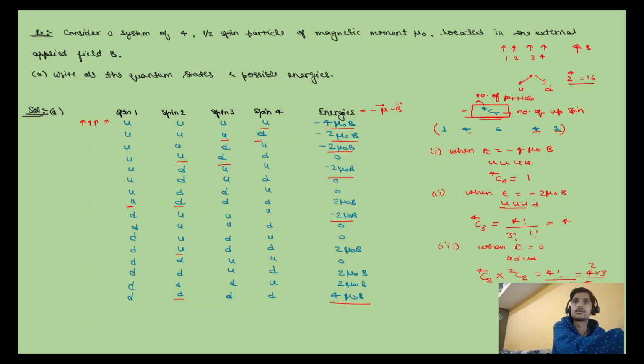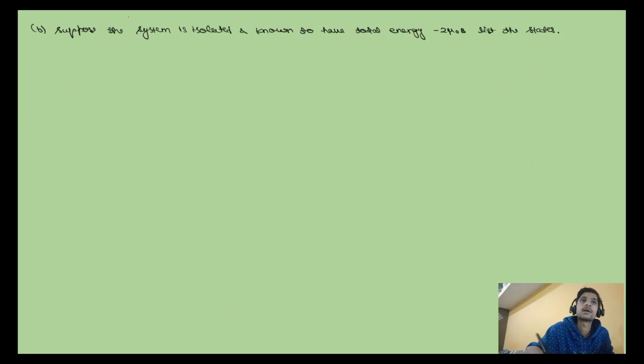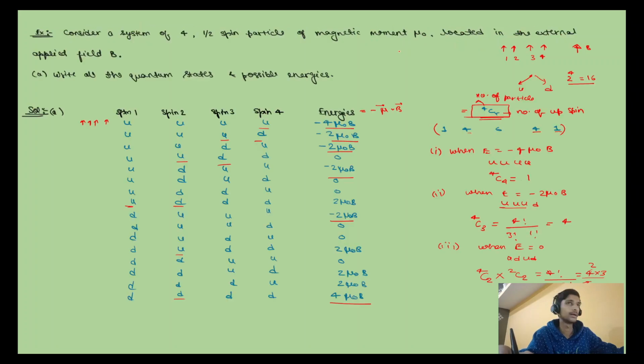There is a second part to this question which says that suppose the system is isolated and known to have a total energy of minus 2 mu naught B, and then we have to list all the states. So what we are doing here is putting a constraint. So if there is a constraint in the system that the total energy is fixed, then what will be the different arrangements of energies?